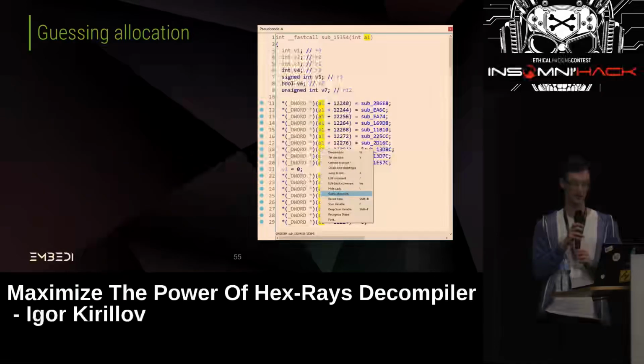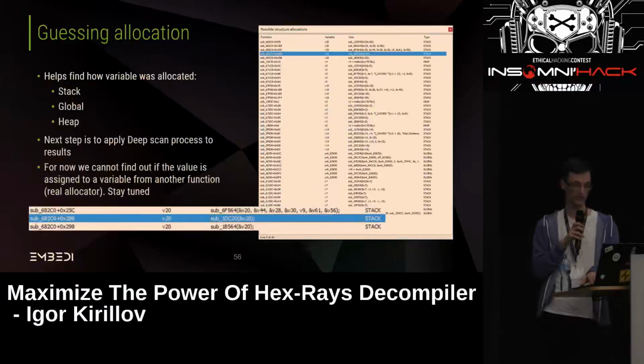So here is the code in which we would like to find the origins of variable a1. And we selected the guess allocation menu. And here you can see where the originally allocated value was used. It also shows the type of allocation, whether it is stack, heap, or global.